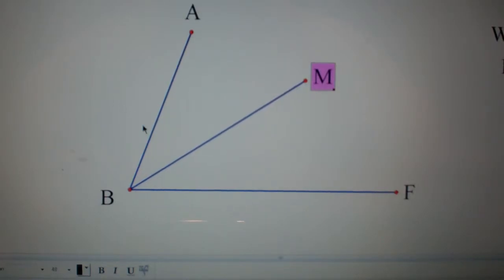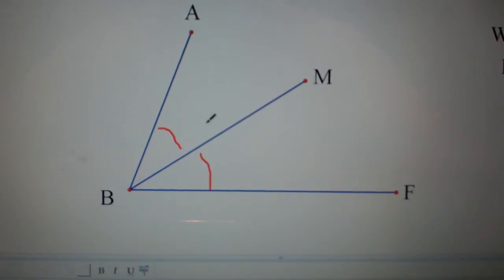Now, the way we know that a ray is a bisector of an angle is by the two arc marks inside the angle. So here we could draw a little arc, and then here we could draw a little arc. And those two arcs indicate that angle ABM and angle MBF are congruent.